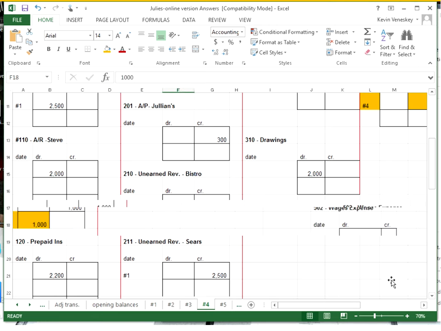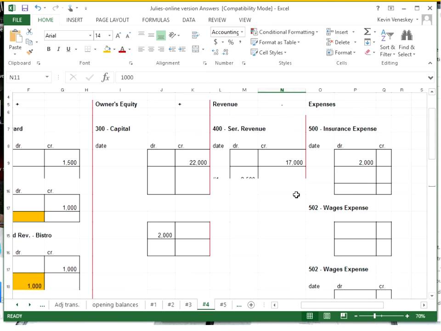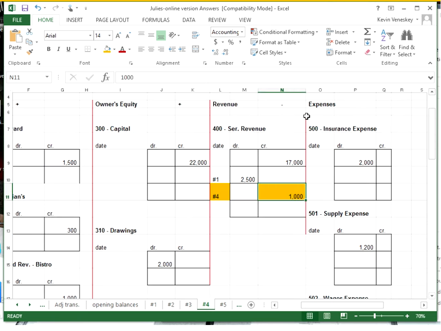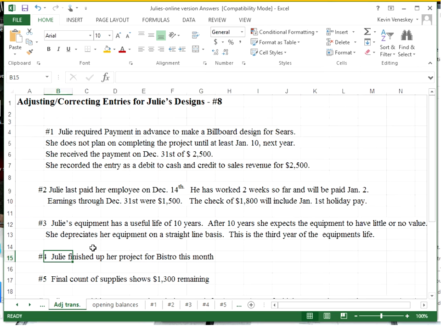That account is essentially zeroed out. And I put that $1,000 now over here where it belongs in the service revenue, where it will remain now, because the job is complete. At any point, you may want to update and make sure your equation balances, although I'm not going to be doing that in this example.